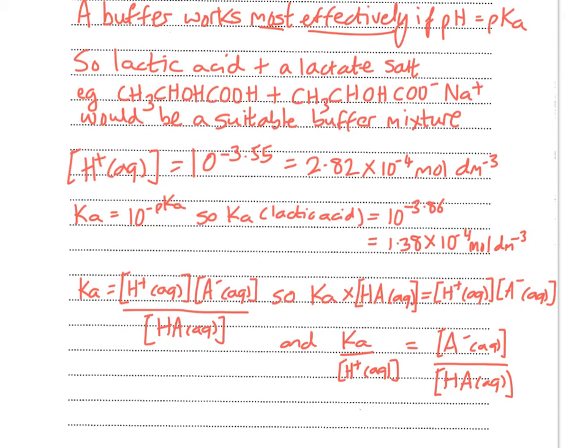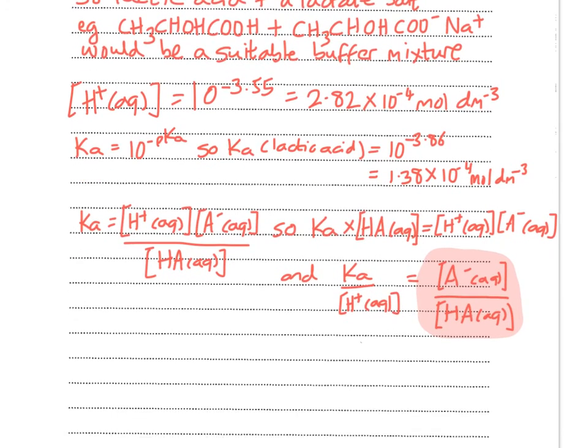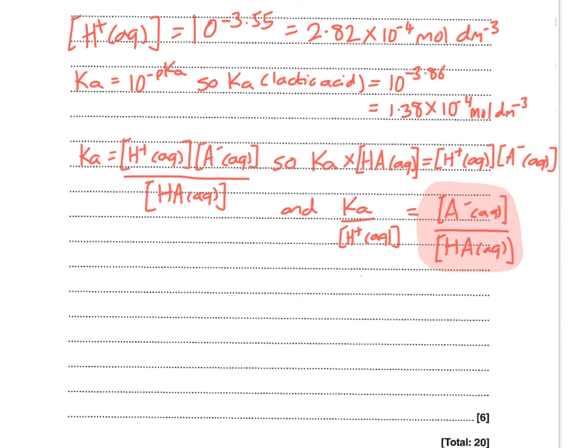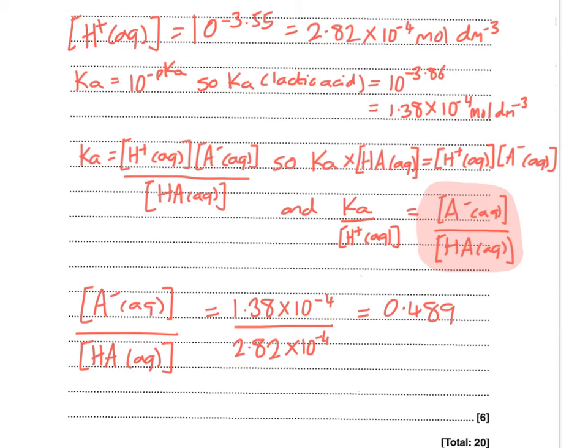So we can rearrange the Ka expression for a weak acid to work out the ratio of HA concentration to A minus concentration. In other words, what we've got highlighted. So if we bring the page down a little bit more, we take A minus concentration over HA concentration from the highlighted part in red, and we take the Ka and hydrogen ion concentrations that we calculated earlier.